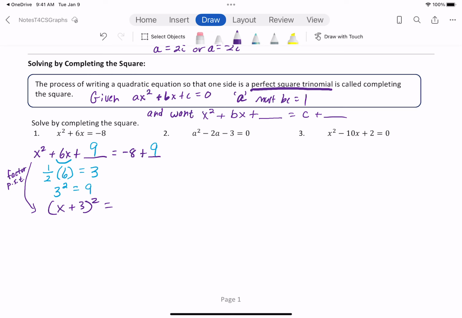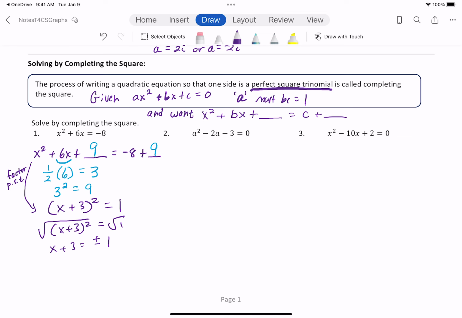And then on the right hand side, I have -8 plus 9, which is just 1. So now if you look back at number 4 from that first section, this should look very similar. So now I have a squared term equals a constant. So now I can use the square root property. On the left hand side, the square root and the exponent will cancel. We're going to pick up a plus or minus, and the square root of 1 is 1.